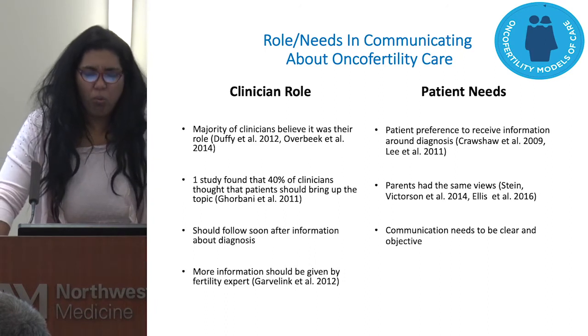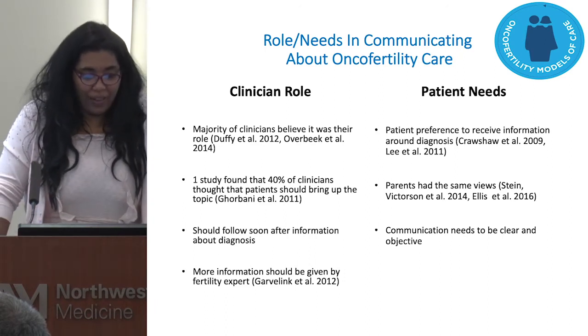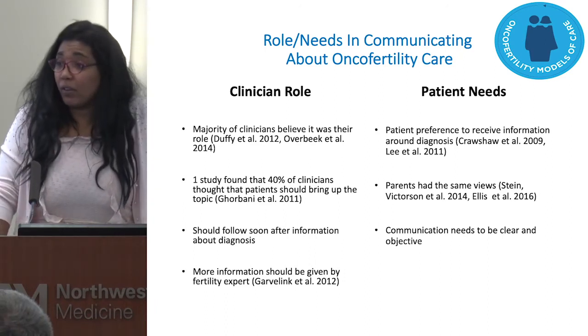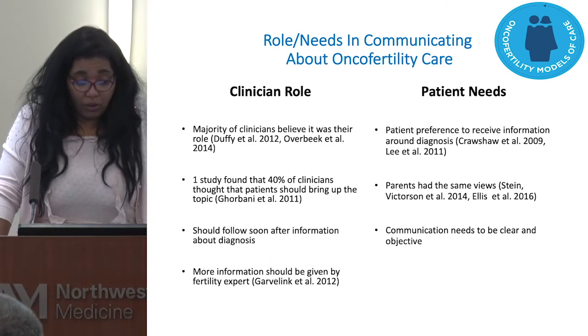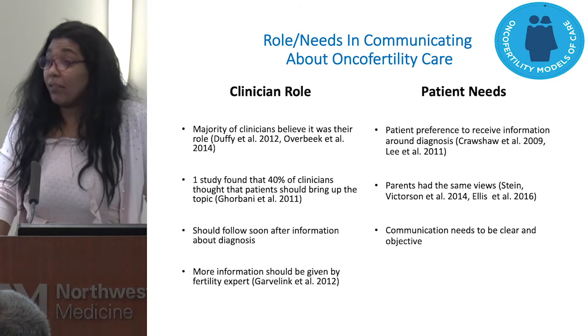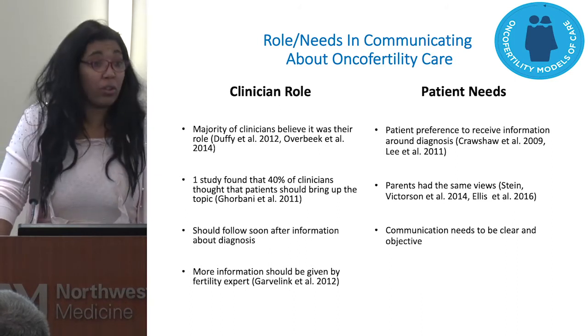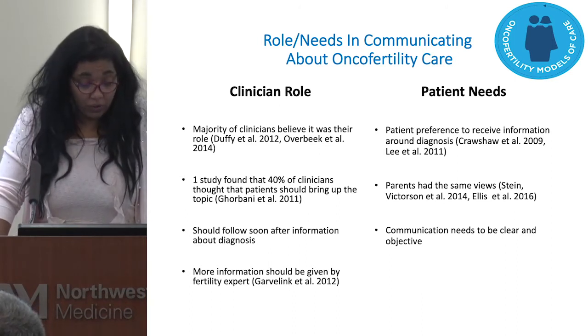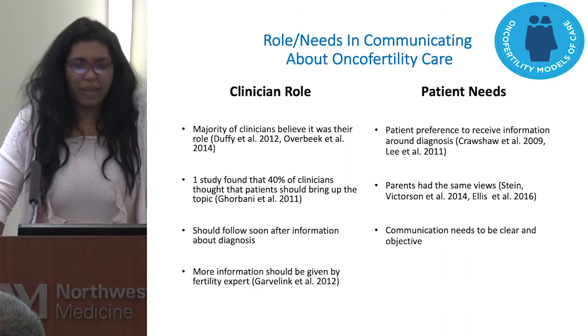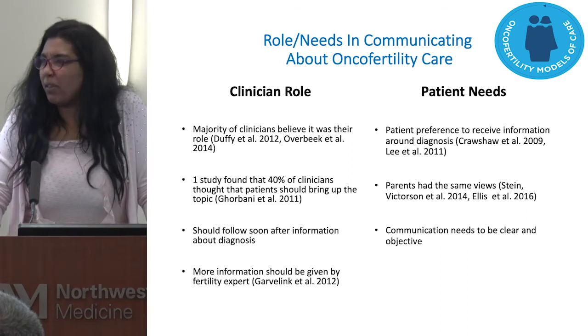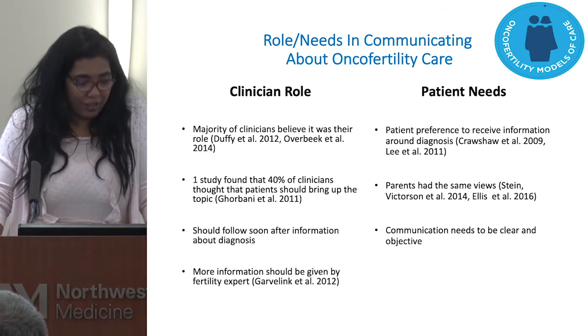So what role do clinicians feel they had in imparting fertility preservation and oncofertility information? Well, the majority of clinicians actually believed it was their role when asked to discuss fertility preservation, so that's important. But there's one study that showed 40% of clinicians thought that patients actually should bring it up if it was important to them. And again, that's the worry.